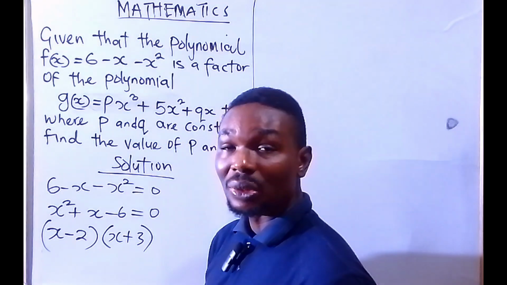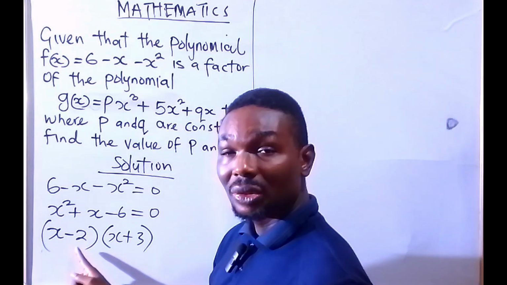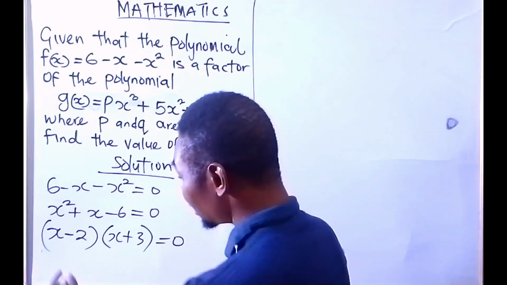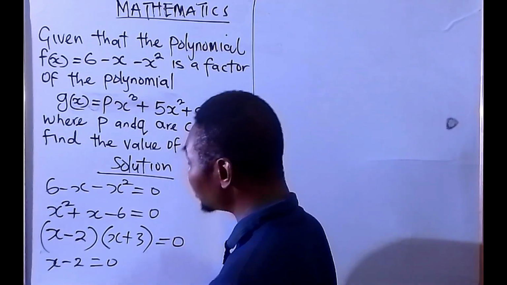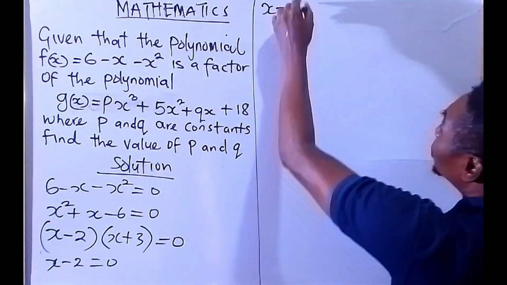Now, the next thing to do is that if x minus 2 is equal to 0, then x automatically becomes 2.